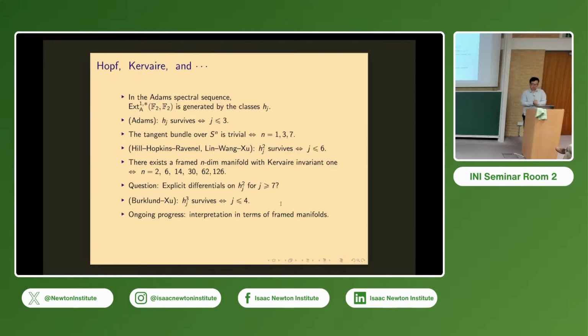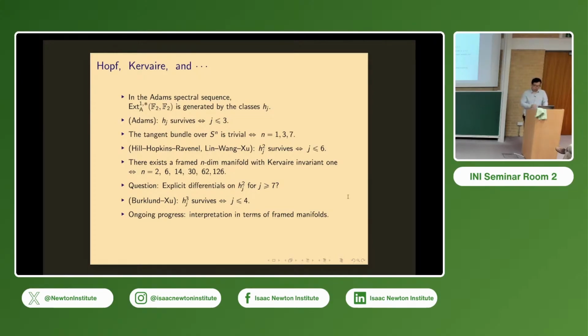So in particular, in the Hopf invariant one case, it can be translated into, if you take an n-dimensional manifold with a framing, with an n plus 1 dimensional manifold having it as a boundary, you can translate the Hopf invariant as the Stiefel-Whitney number of the manifold in dimension n plus 1. You can also translate the Kervaire invariant into some product of the Wu numbers, some other characteristic numbers, which has the same value as the Kervaire invariant one.